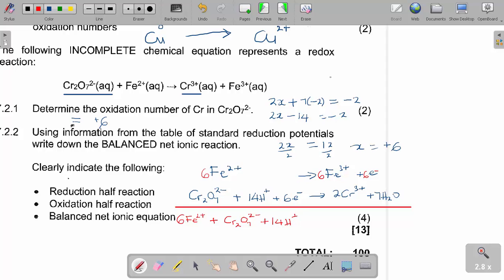Because they are the same and they appear on different sides of the equation. And then to give me 6 iron 3 ions, and then plus 2 chromium 3 ions, then plus 7 water. So this is our overall net ionic equation.